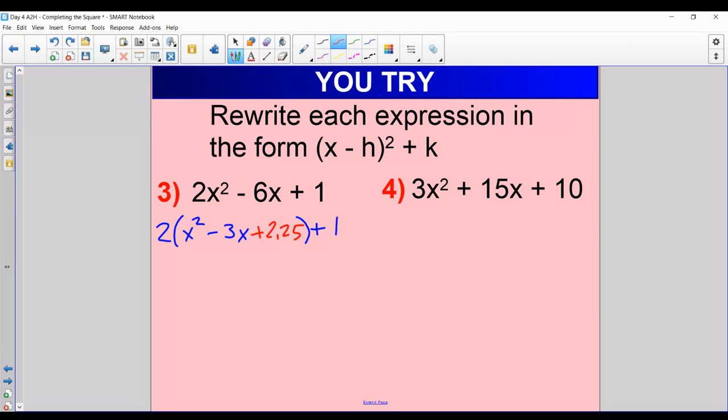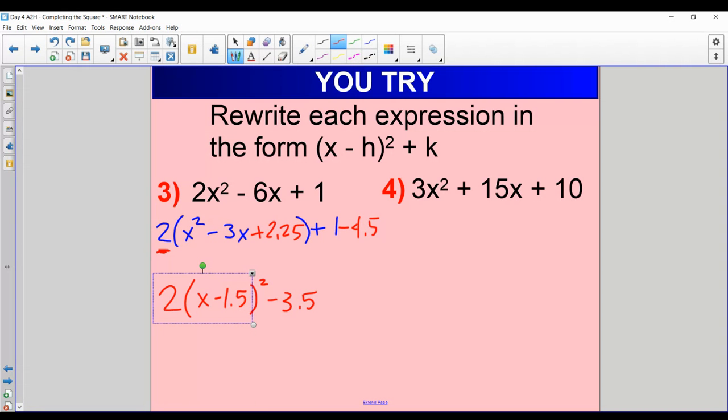Okay, and I haven't just put in 2.25, I've put in 2.25 times 2, so I've put in 4.5, so I take out 4.5. So my vertex form, after completing the square, is 2 times x minus 1.5 squared minus 3.5. Okay.